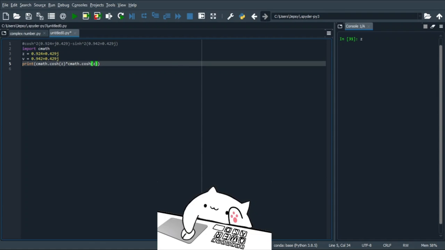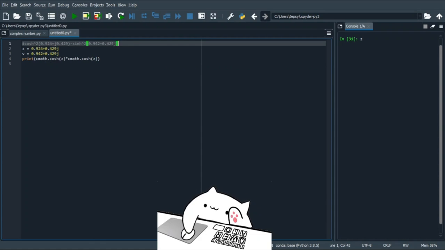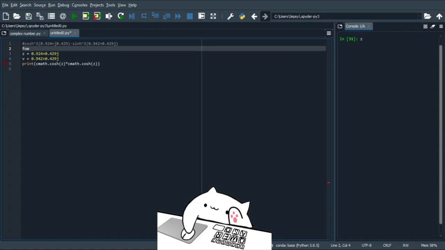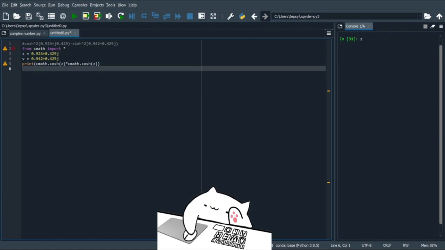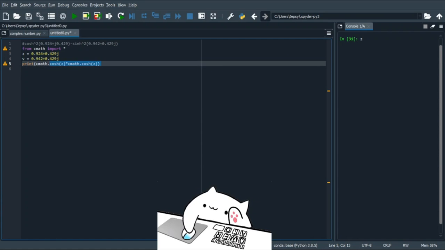Let me see if I can do this from cmath import. I'll just try.